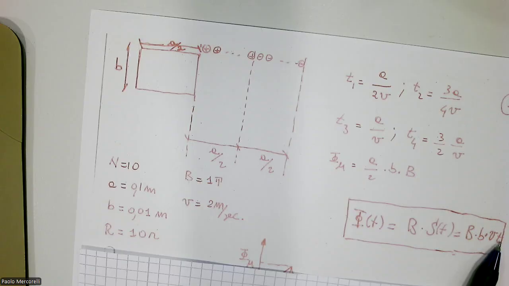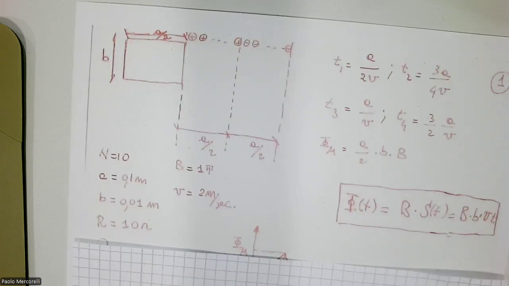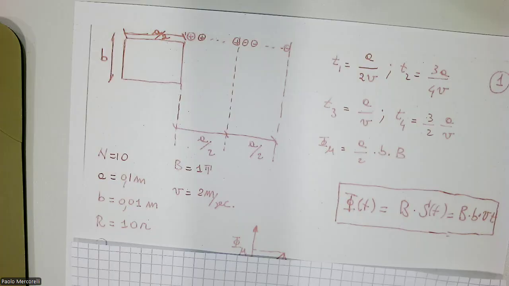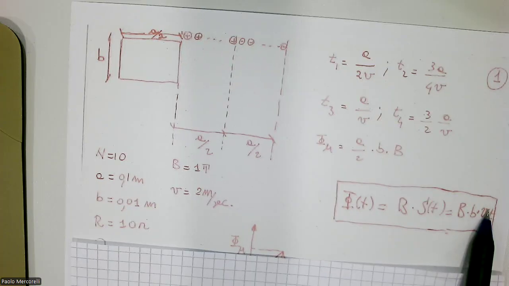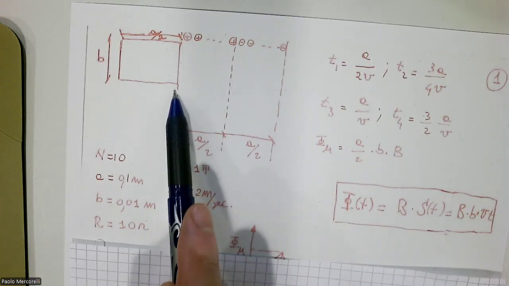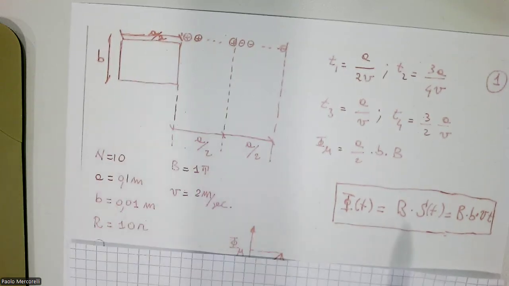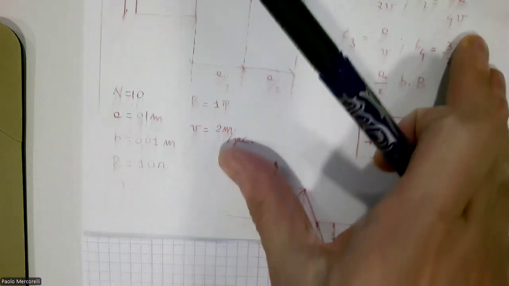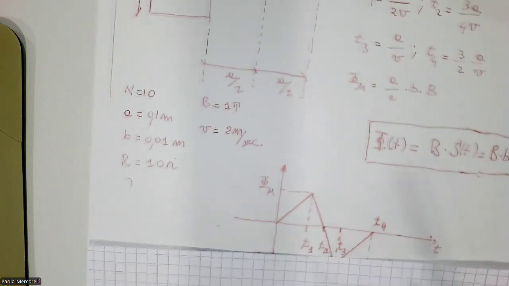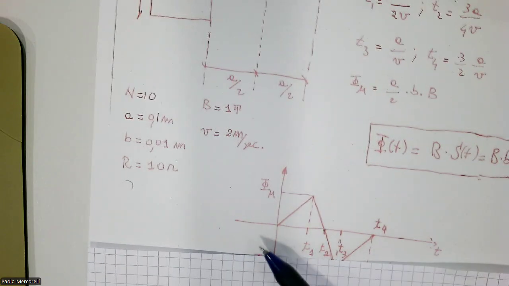Why that? Because the movement is uniform, with constant velocity. Basically, v multiplied by t is the stroke which I go over. It makes sense. We can justify this profile.